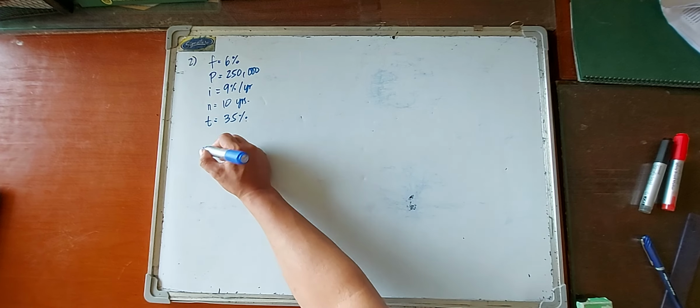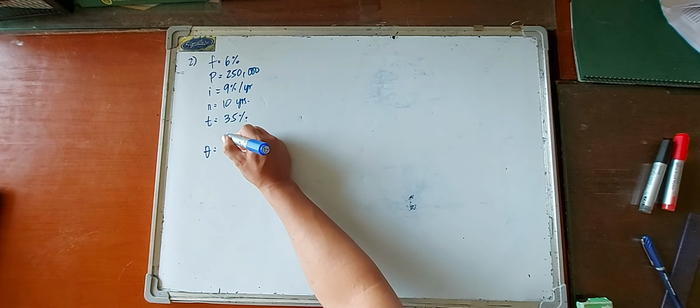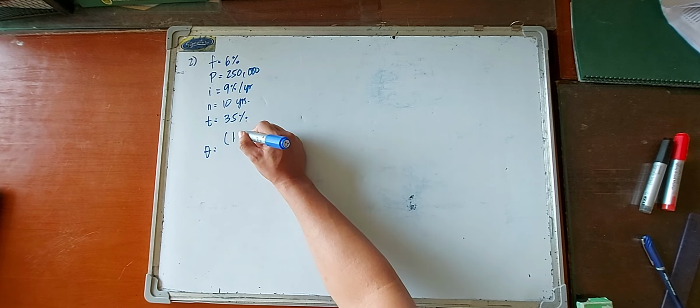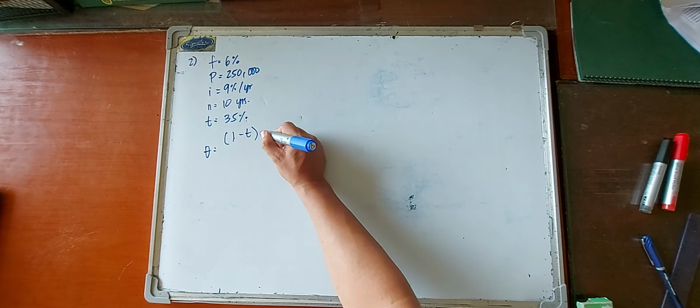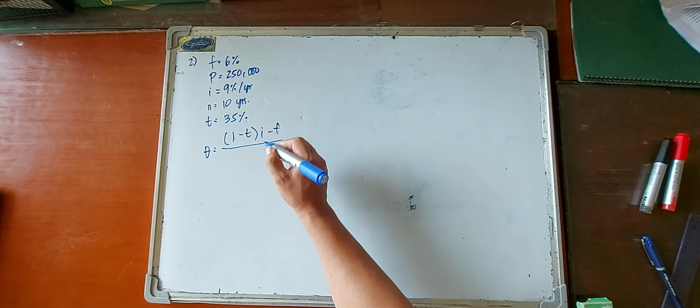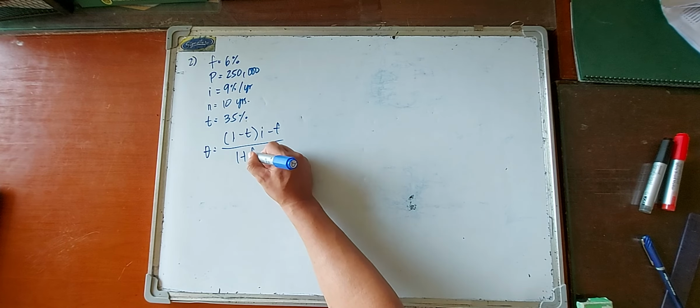So let's solve for the composite interest rate. That is (1 - t)i - f divided by 1 + f.